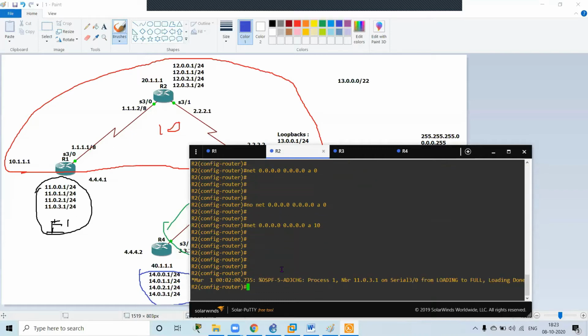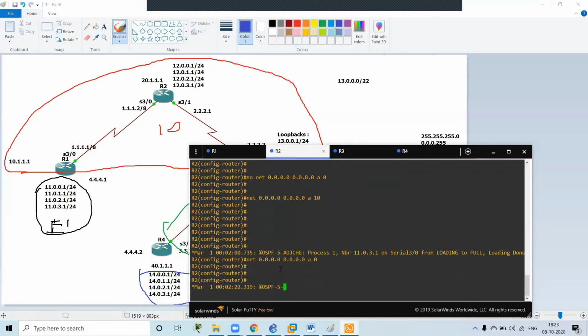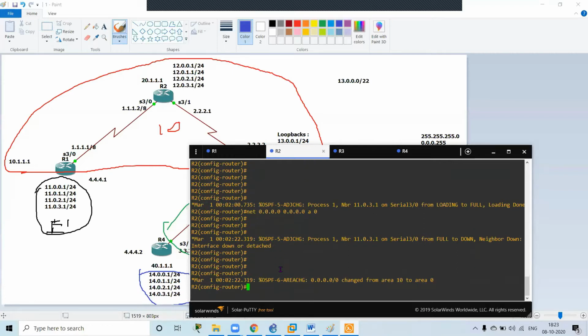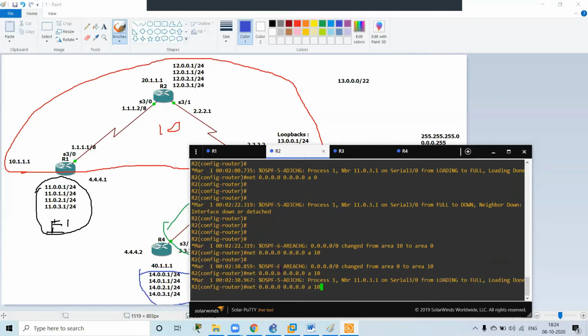Just one question. If I don't use the no network command and directly put area 10, will it not overwrite? It won't overwrite. If I write area 0, it won't overwrite the things. Okay. I have to remove the configuration.